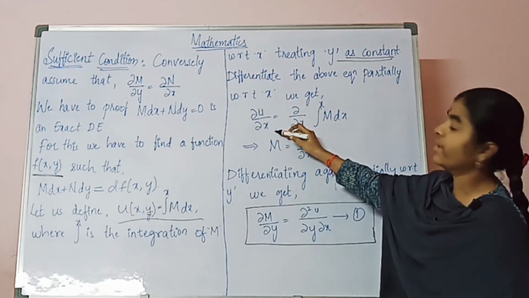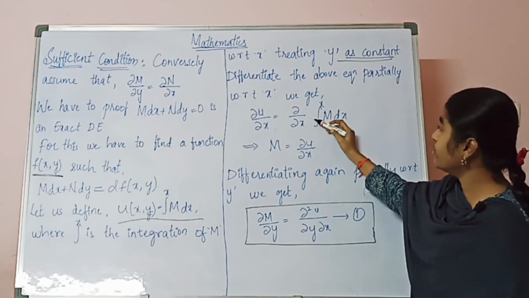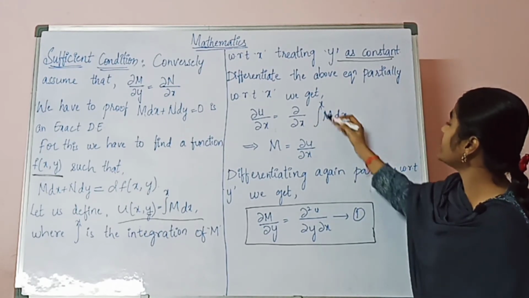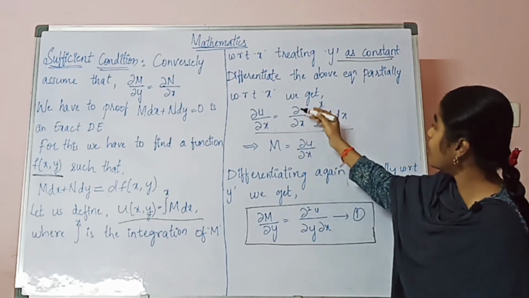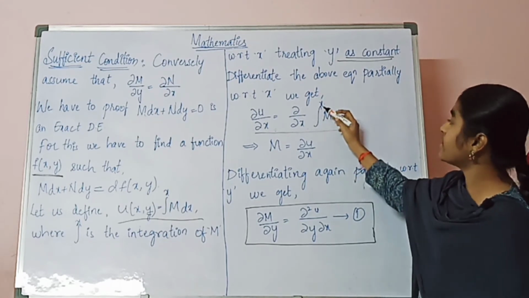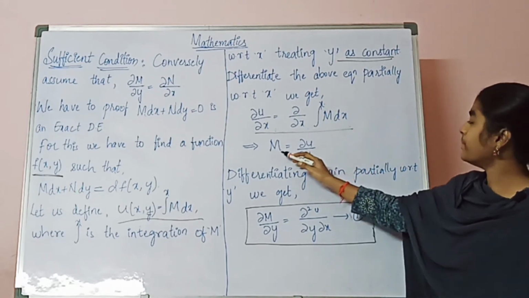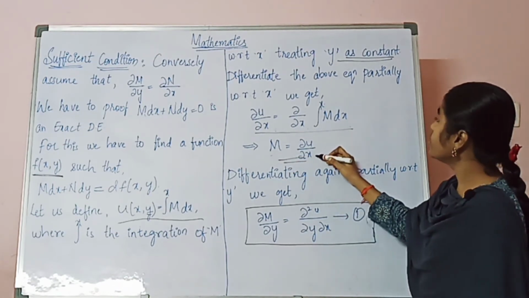Dou u by dou x equals dou by dou x of integral m dx with respect to x. That implies m equals dou u by dou x.